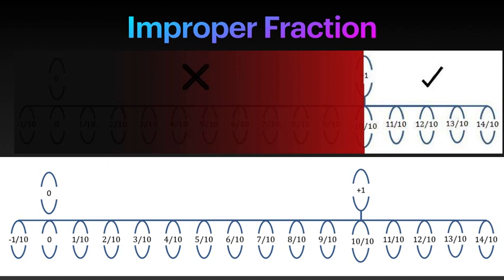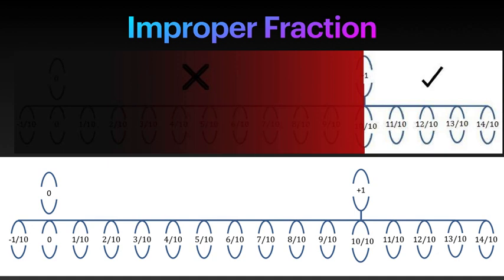Now look at these unit fractions. They go as 1/10, 2/10, 3/10, and so on, up to 10/10. This is where the number 1 occurs, because 10/10 equals 1. Now let's go even further.